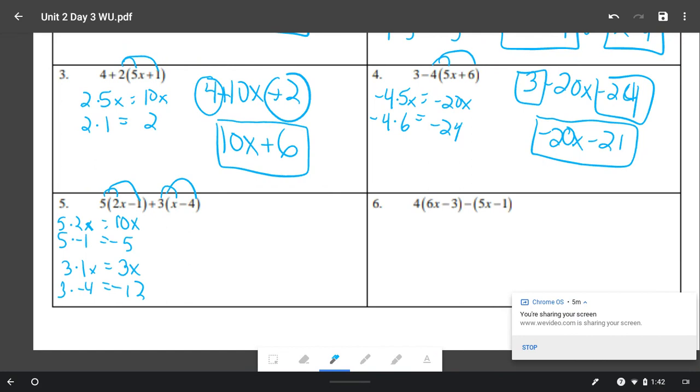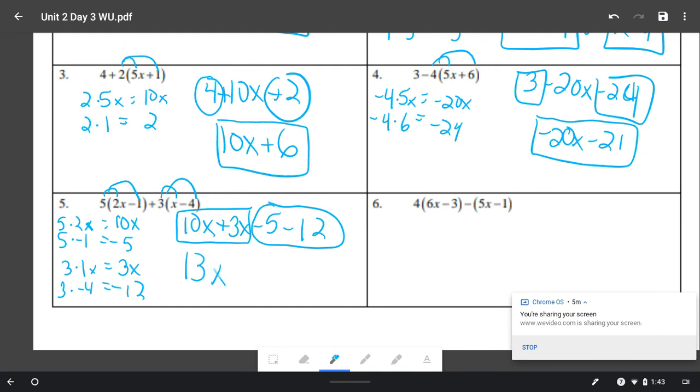Now if we write that in order, all of our x's first and my constants last, and then we try to combine like terms as much as possible. These two can combine because they both have an x to the first, and these two can combine because they're just our constants. So 10 plus 3 would give me 13x. Negative 5 minus 12 gives me negative 17. And that'd be my answer, 13x minus 17.